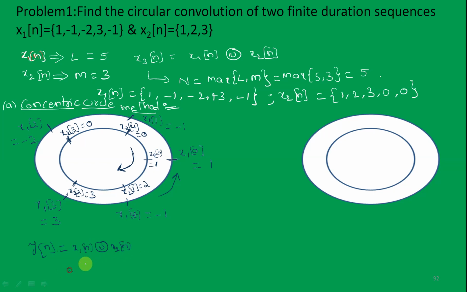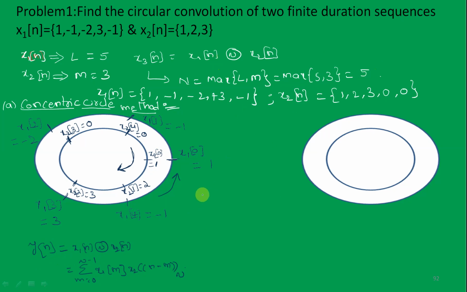The formula is the summation over m from 0 to N minus 1 of x1 of m times x2 of (n minus m) modulo N. Now, without using this circular convolution definition, based on this concentric circle method we are finding the y of n values. y of n has length capital N, which is 5. So we should find the 5 samples from n equal to 0 to 4.